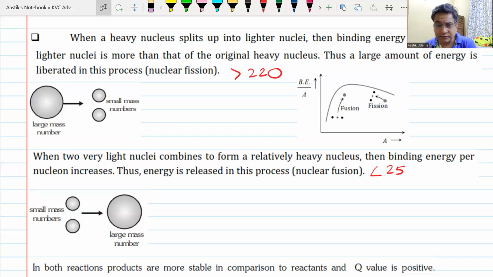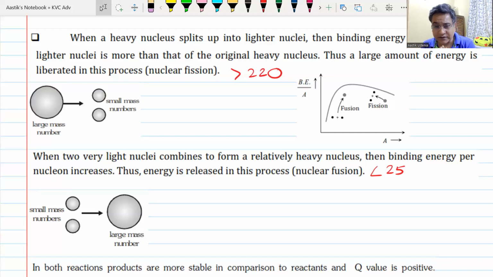Yes. In that process, a large amount of energy would be released because the binding energy per nucleon of the product is more than the binding energy per nucleon of the reactant. That is why it is breaking up into smaller particles. This type of nuclear reaction is known as nuclear fission. Do we understand this? Yes.